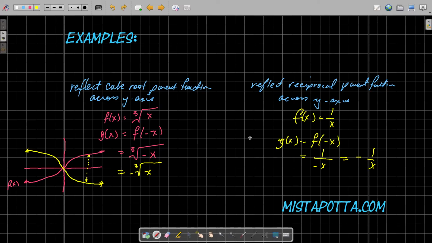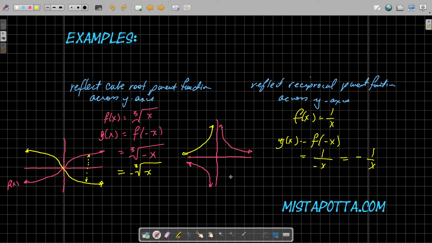So looking at our parent function, our parent function is going to have this type of behavior. But anything that's in the first quadrant is going to get reflected across the y-axis to the second quadrant.